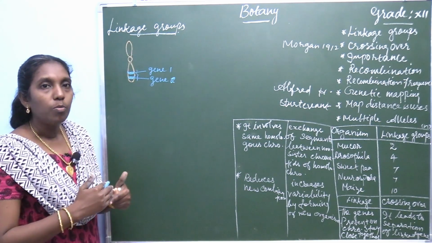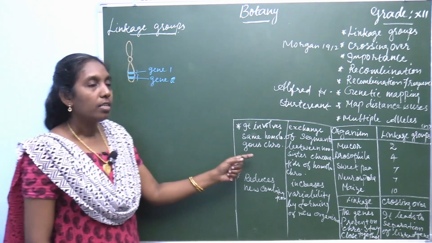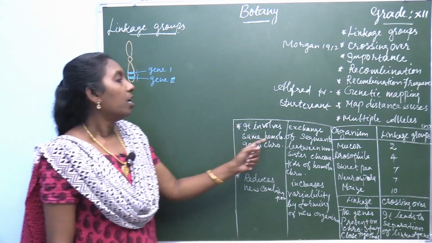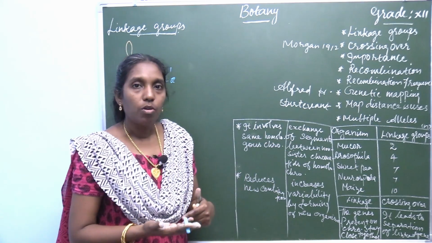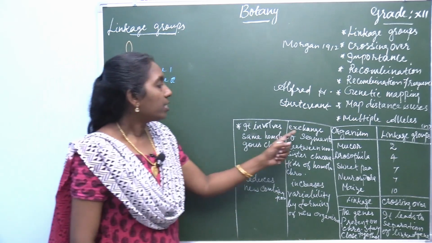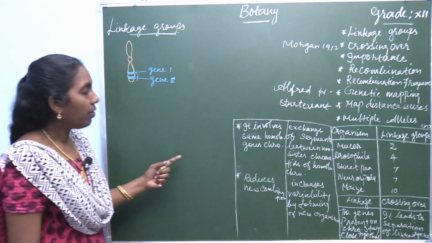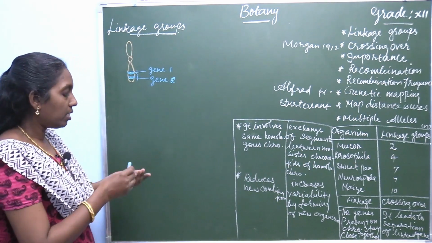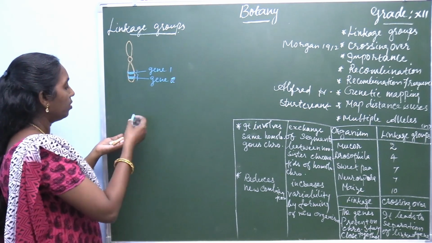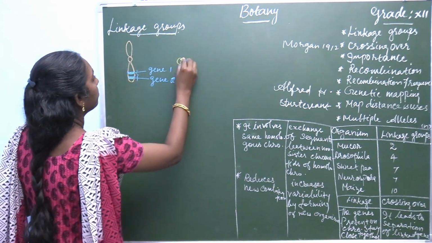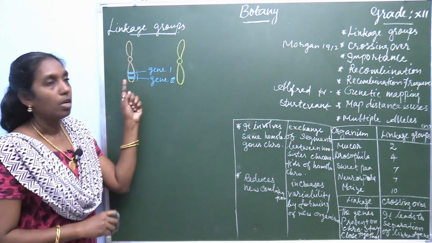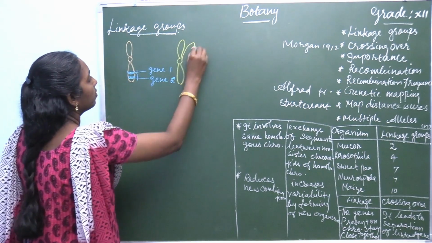Within the same homologous chromosome, the genes are linked. But in crossing over, there is an exchange of segments between non-sister chromatids of a homologous chromosome. This is one chromosome, this is another chromosome.